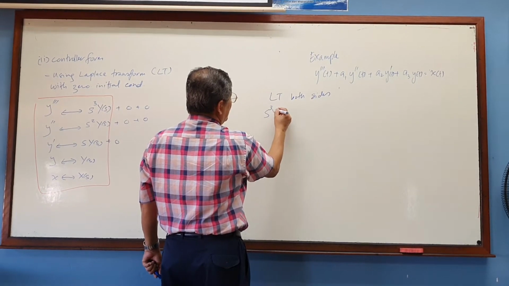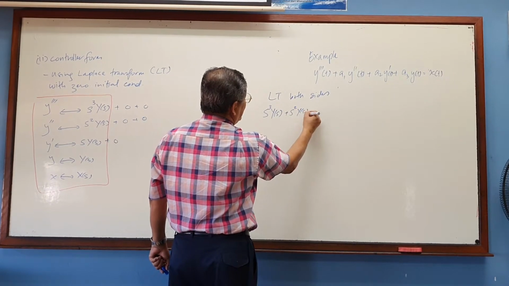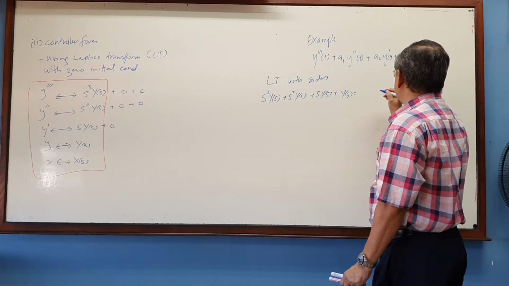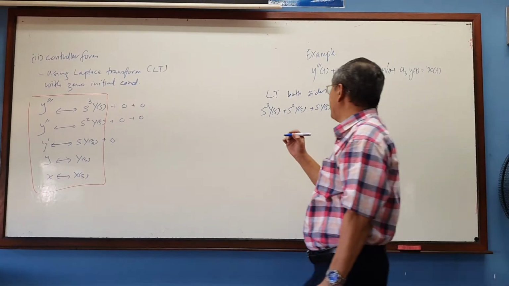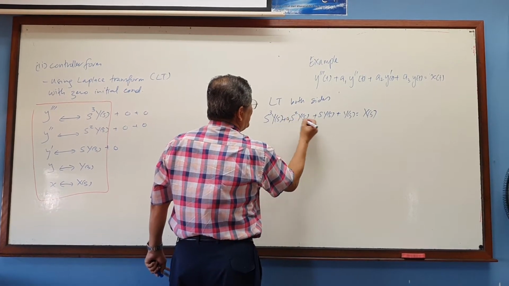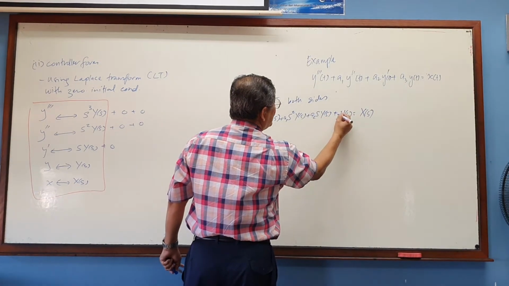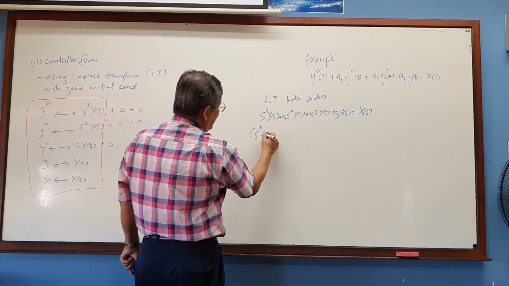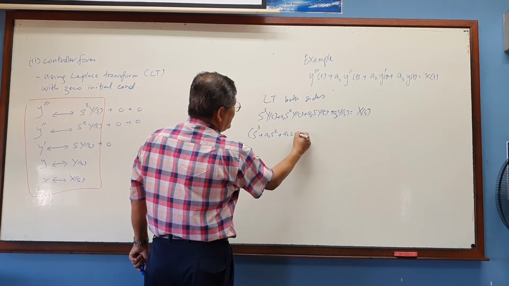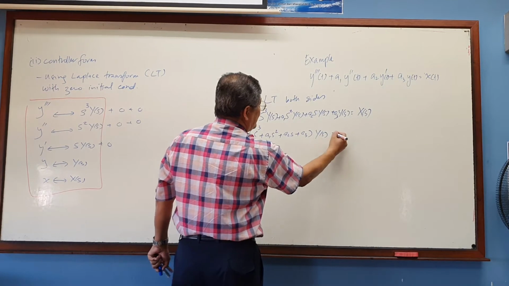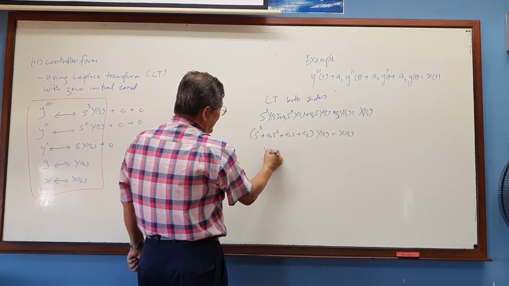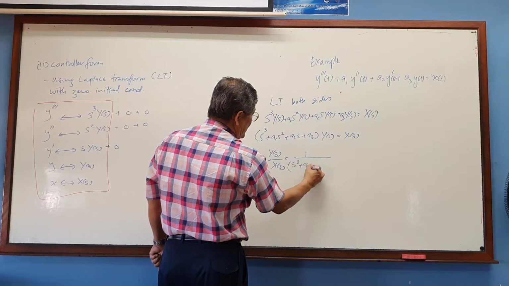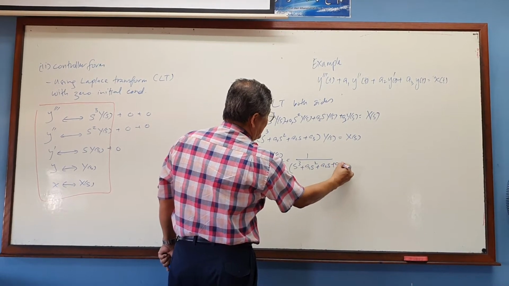So you have s cubed Y(s) plus a1 s squared Y(s) plus a2 s Y(s) plus a3 Y(s) is equal to X(s). Then you can factor out Y(s): s cubed plus a1 s squared plus a2 s plus a3, Y(s) is equal to X(s). Y(s) over X(s) is 1 over s cubed plus a1 s squared plus a2 s plus a3.